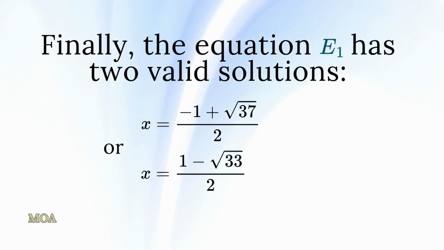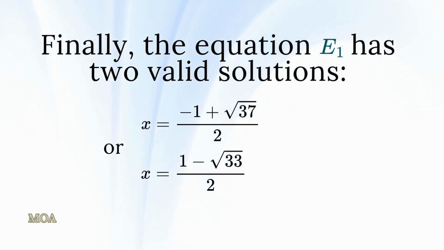Finally, solving the equation labeled E1 revealed 4 algebraic roots. However, most of these values fall outside the domain of definition and therefore cannot be accepted as legitimate solutions. Only 2 values satisfy both the algebraic computations and the domain constraints. The first valid value is -1 plus the square root of 37, all divided by 2.